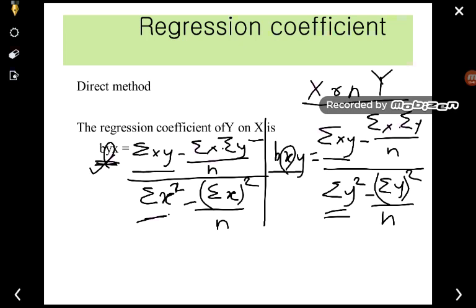So in both formulas, for y on x the denominator will be with the x variable, and for x on y the denominator will be in the form of the y variable. So these are the two formulas which you have to apply in the examples. Now we are going to solve an example.